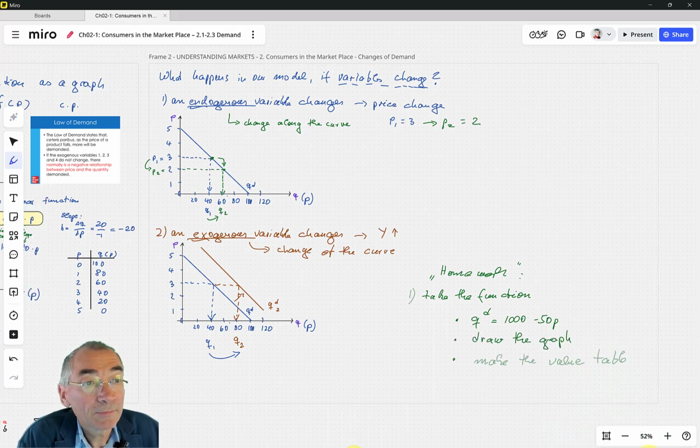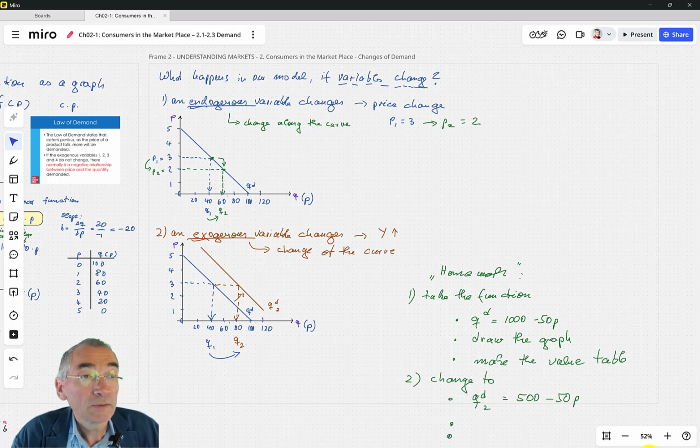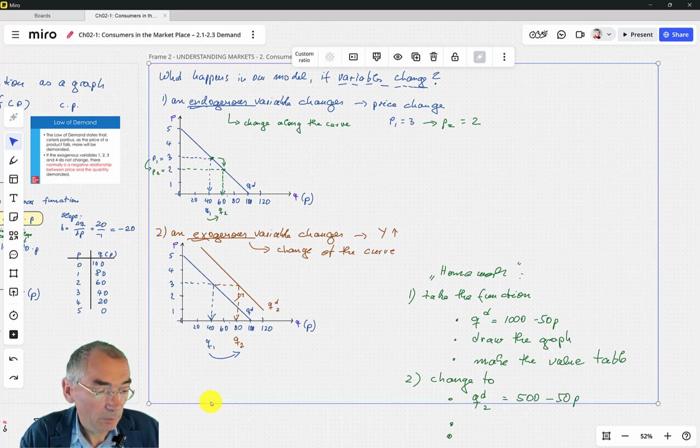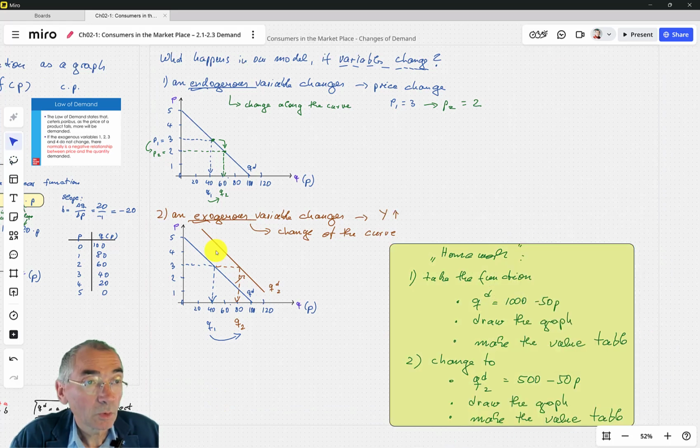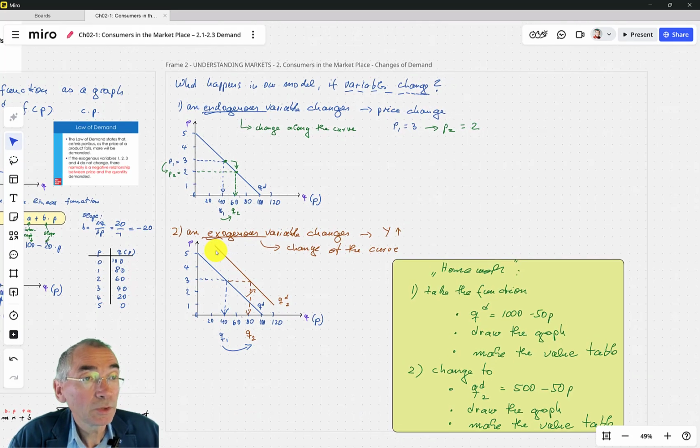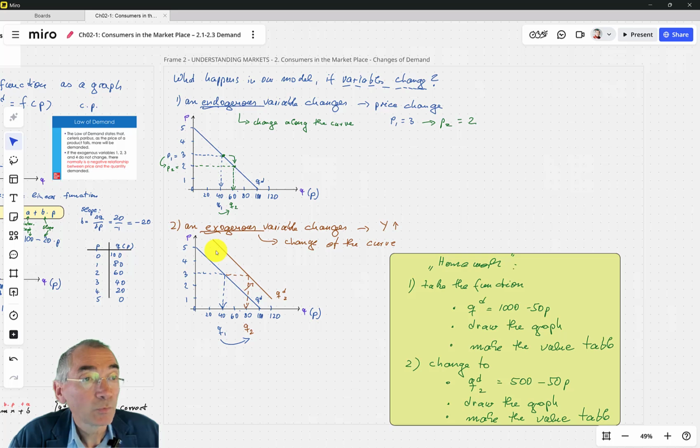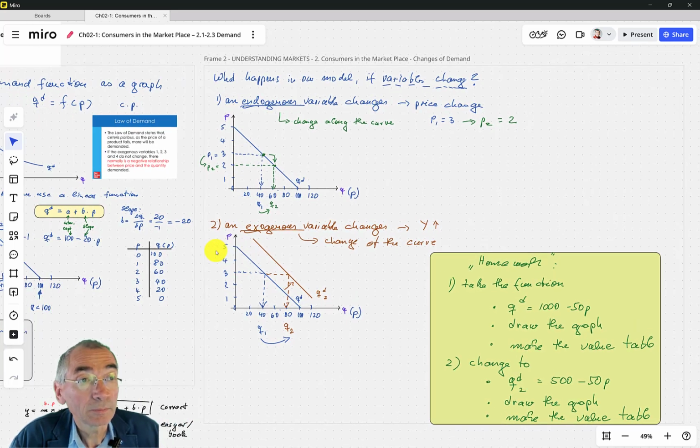Produce the graph, the value table, and draw the function. Secondly, let's say now there is a change in an exogenous variable that results in our function to change to quantity demanded is 500 minus 50p. As you already have the function, the equation, the two other things are draw the graph and make the value table.